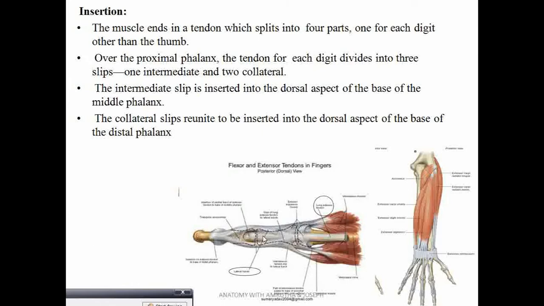So the middle slip goes to the middle phalanx, whereas the collateral slips move on the sides, and before insertion they join with each other and are inserted to the dorsum of the distal phalanx. So the tendon divides into 3 slips, the middle one inserted to the middle phalanx, the other 2 unite and are inserted to the distal phalanx.